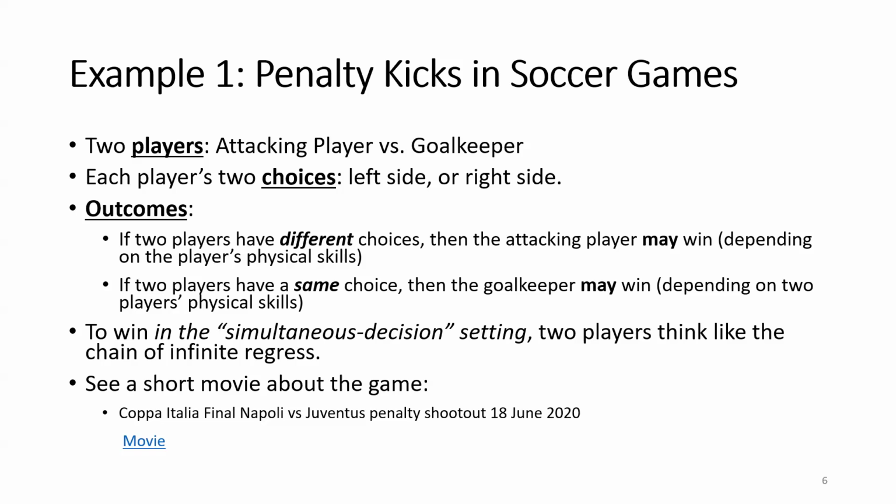And if two players have the same choice, then the goalie may win. So to win in simultaneous decisions, the two players think like the chain of infinite regress. The kicker will think which direction will be taken by the goalie, and the goalie will think which direction the kicker will take.